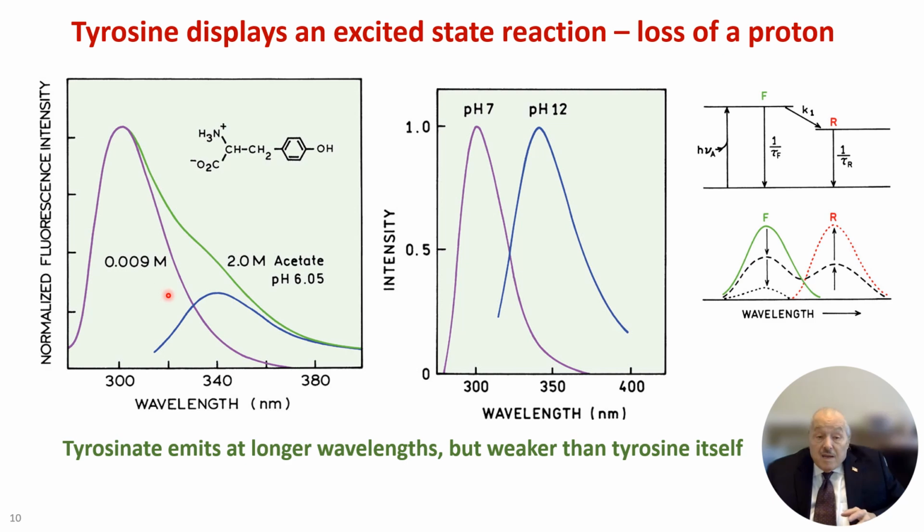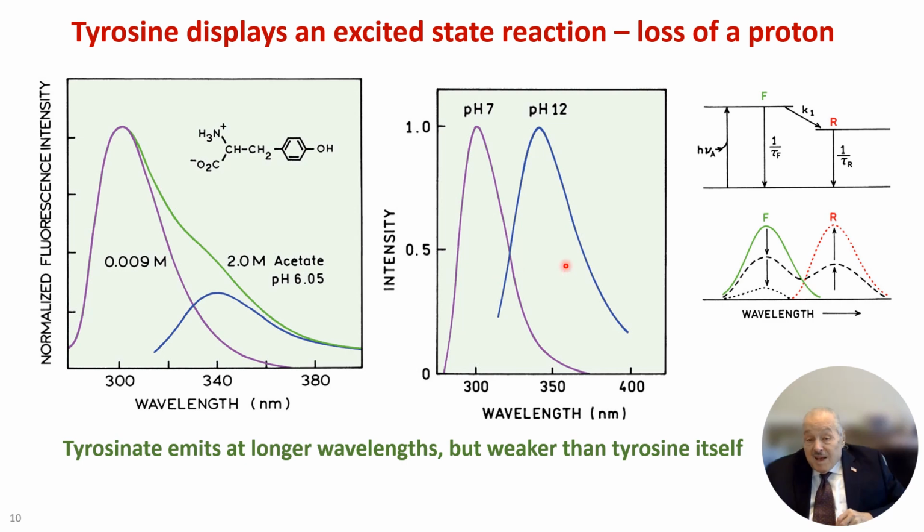If you put it in something that can pick up this proton, these are two different solutions of acetate, the same pH, because there's so much more base around, meaning the acetate here can pick up the proton. So what is the usual tyrosine emission becomes the tyrosinate emission, and the difference spectrum here is really the true tyrosinate emission. The rest of it is a tryptophan emission.